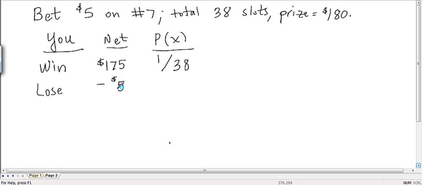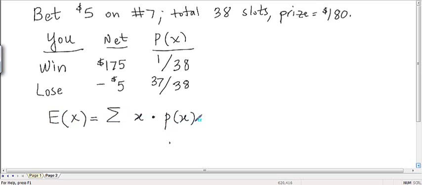And what's the chance of you losing? Well, there are a total of 37 slots that are not number 7 out of 38. Let's calculate your expected value. The formula for expected value is summation x times p of x. That very simply means that you take each x value, you multiply it by its own probability, and then you add up all those products.